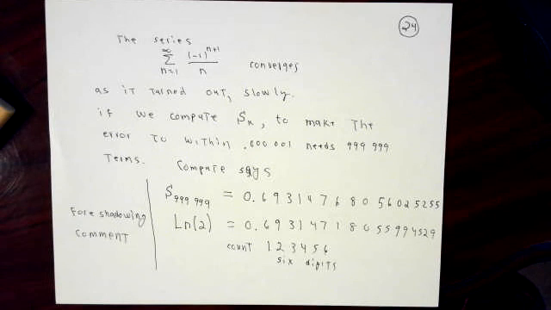Returning to that alternating version of the harmonic series, we've already decided this series converges, but as it turned out, it converged very slowly.